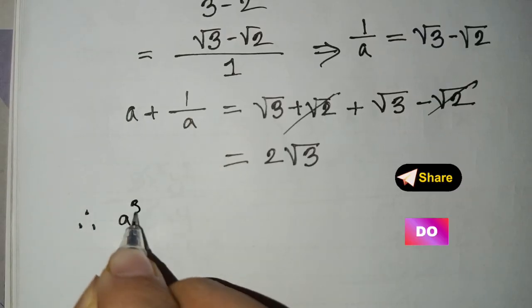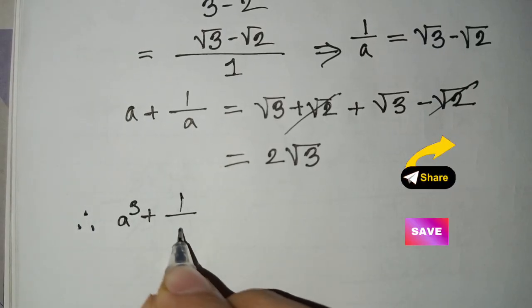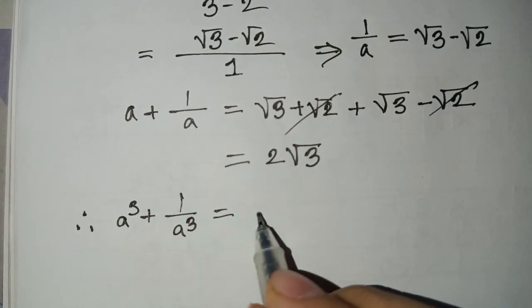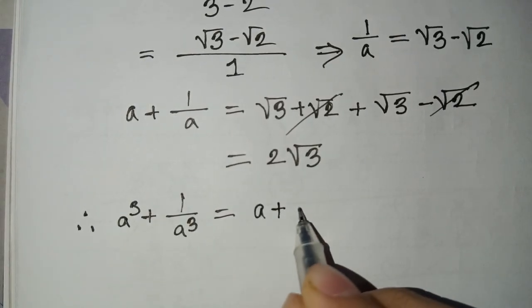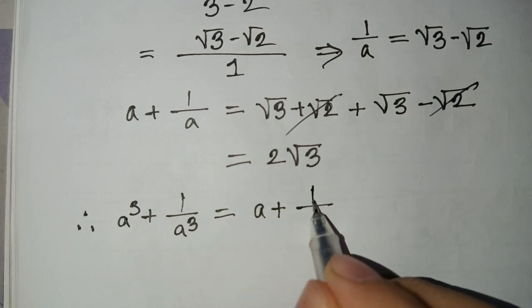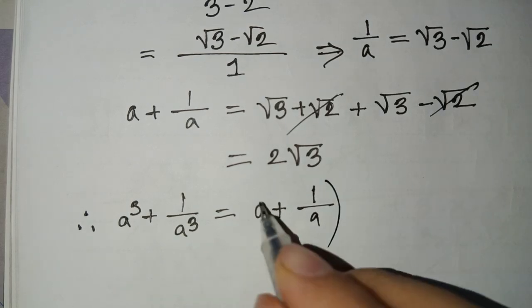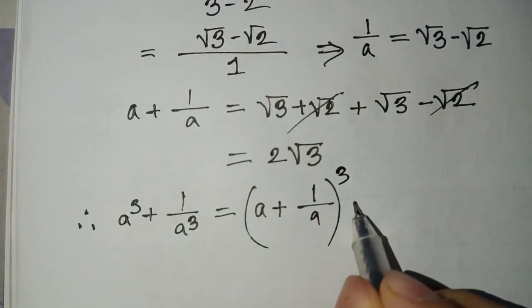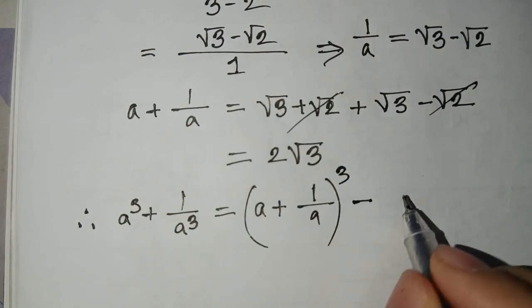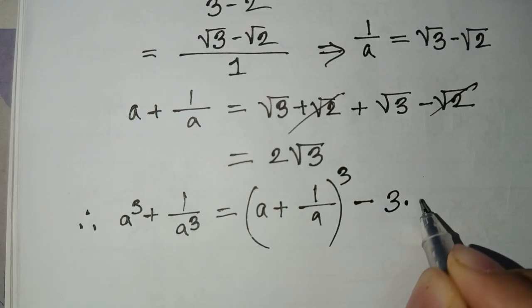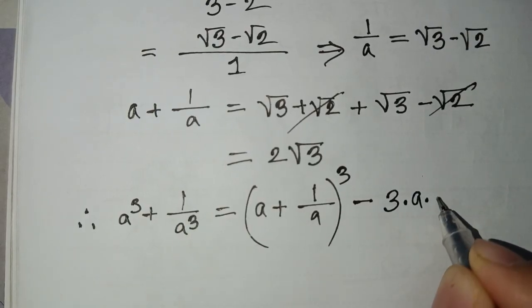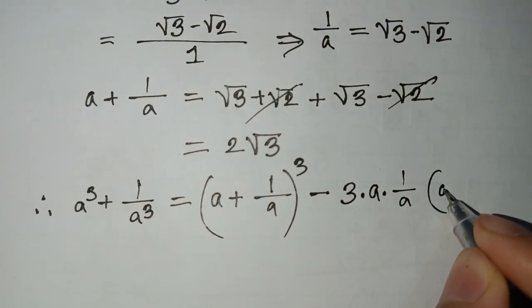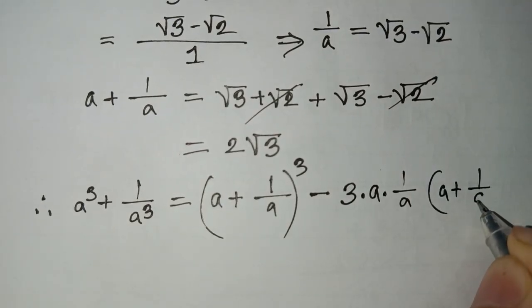So a cube plus 1 over a cube, we know, equals a plus 1 over a all raised to cube, minus 3 times a times 1 over a times a plus 1 over a.